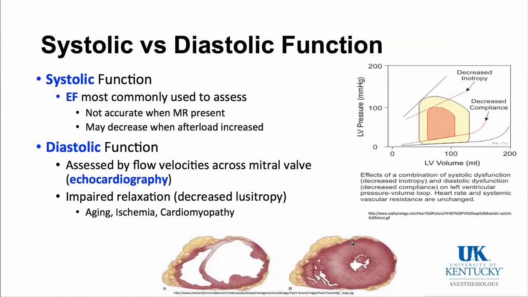While the patient with long-standing hypertension with a big, thick left ventricle may have a normal ejection fraction, but have impaired relaxation and diastolic dysfunction.